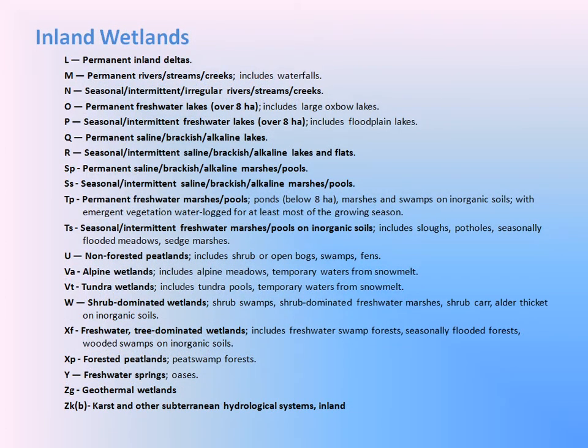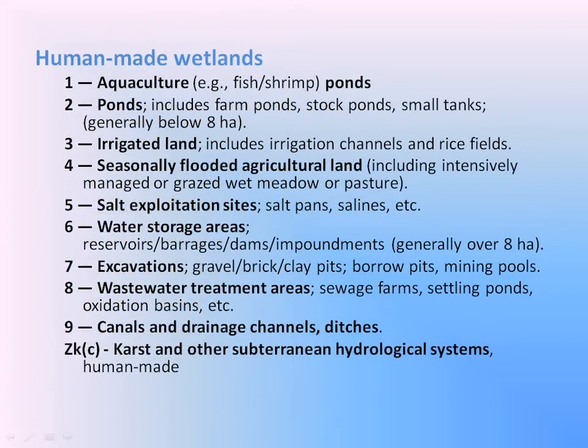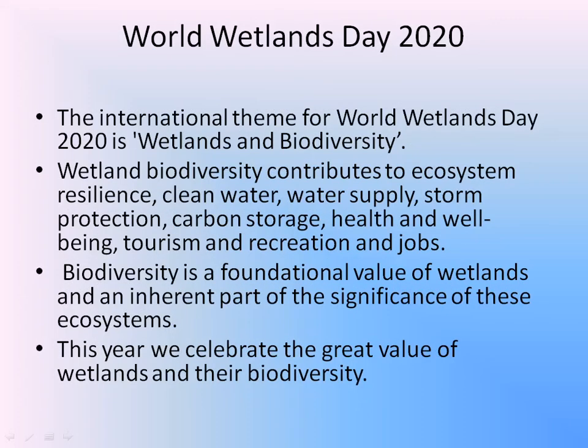Examples are seas, permanent freshwater marshes, permanent saline water, permanent freshwater lakes, freshwater springs, etc. Then human-made wetlands: aquaculture ponds, irrigated land, and paddy fields where the land is filled with water. These are also said to be wetlands.